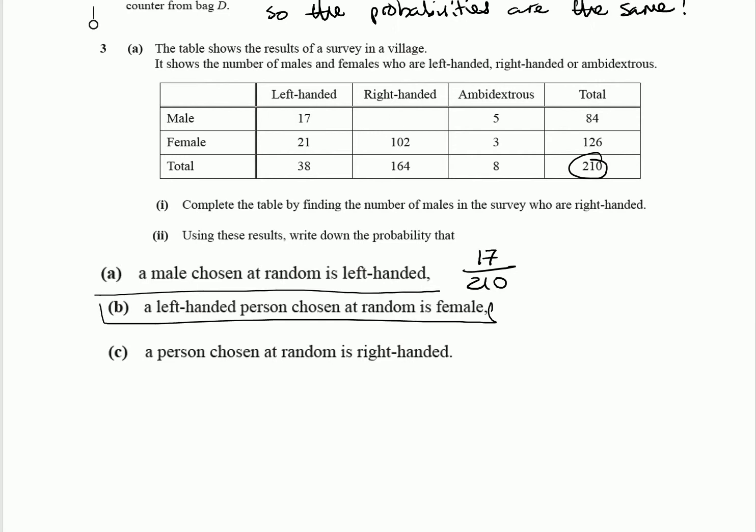Read this very, very carefully. A left-handed person is chosen, and I want to know the probability they're female. Well, if we're just choosing left-handed people, I'm choosing out of a total of 38. And out of those 38 people, 21 are left-handed. So be very, very careful reading the wording of these questions.